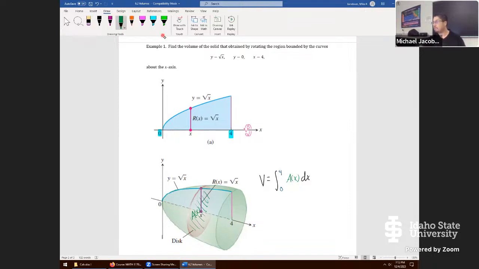So here it goes. First thing we can say is, well, that's a circle. So we're going to use pi r squared for the formula for the area. Area of x is going to be equal to pi times, let's get a new color here. Probably the most important thing is the radius.